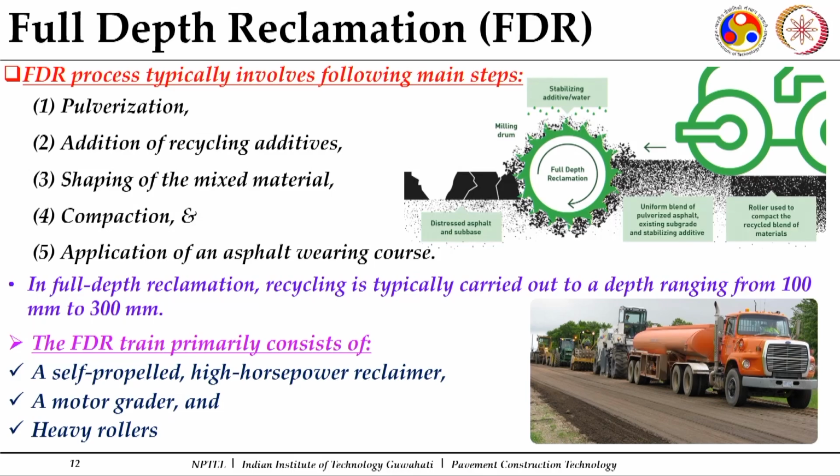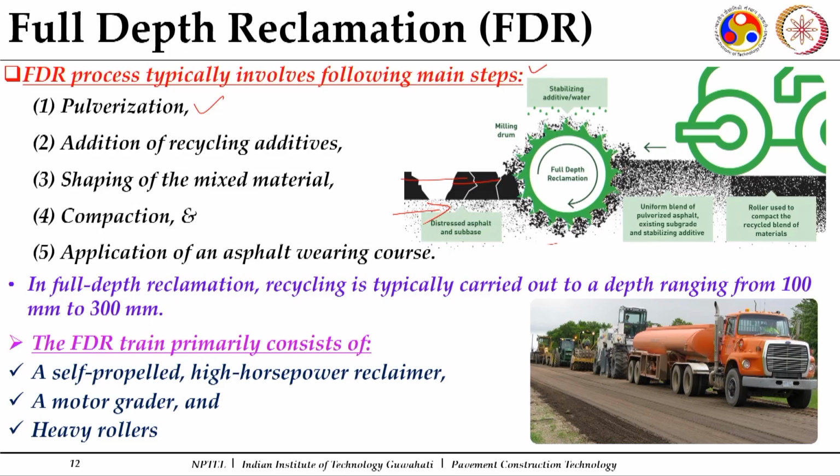So, what are the typical components involved specifically in full depth reclamation? First is pulverization, so it is the breaking. Because you are going to a greater depth, you can see here this particular depth, where these are the asphalt courses and these are your unbound courses. So, you may be going for a greater depth in this case.